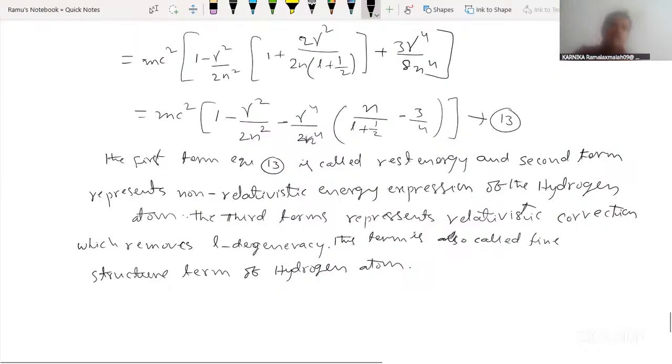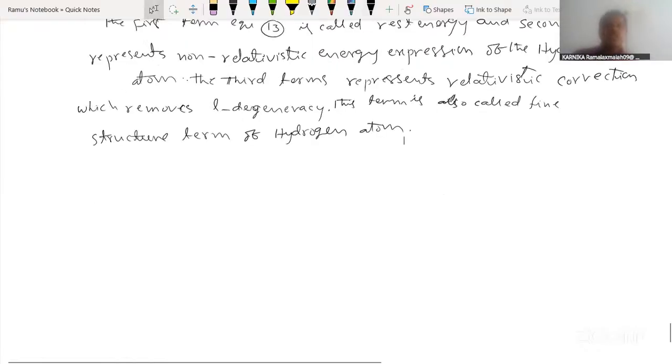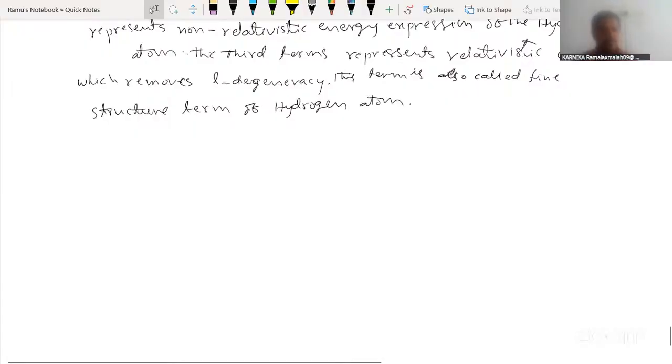The first term of the equation is called the rest energy, and the second term represents the non-relativistic energy expression of the hydrogen atom. The third term represents relativistic correction, which removes the L degeneracy. The term is also called the fine structure term of the hydrogen atom. This is also a 10 marks question, very important.